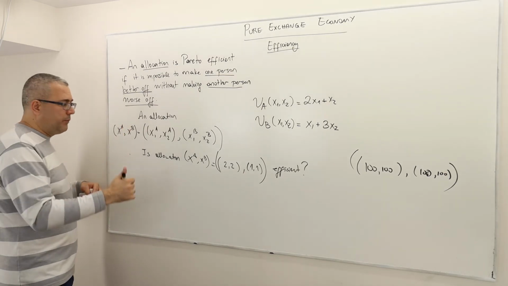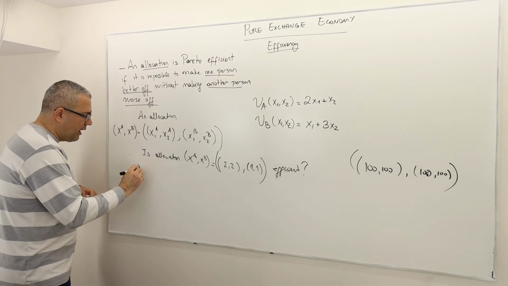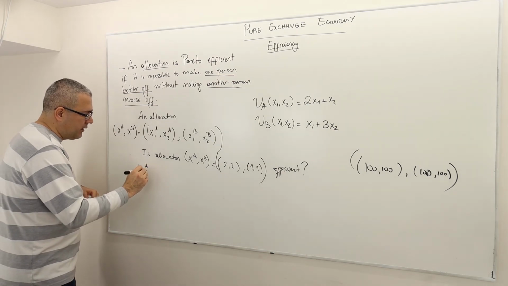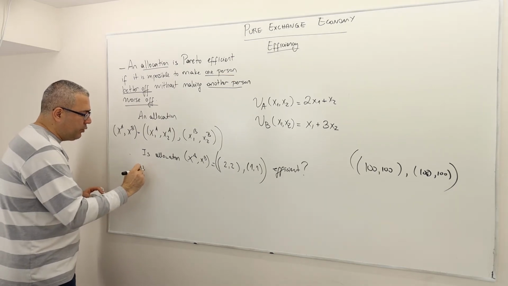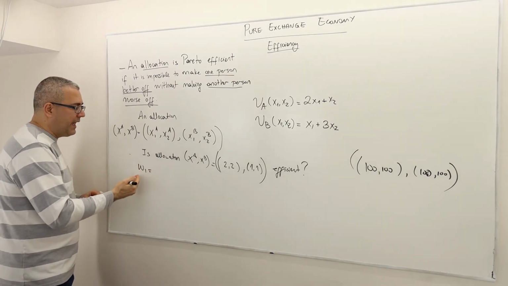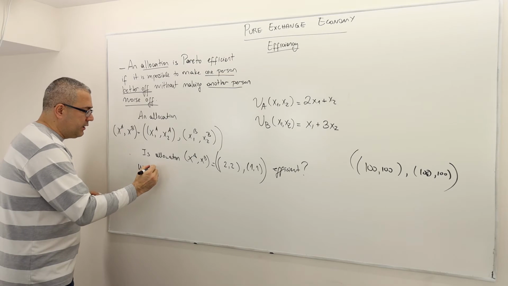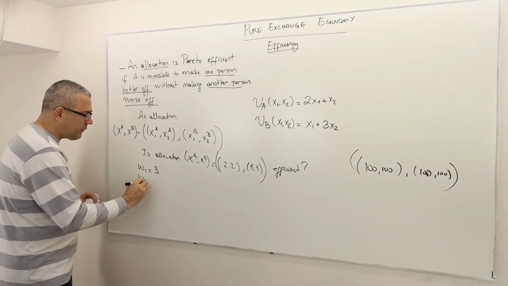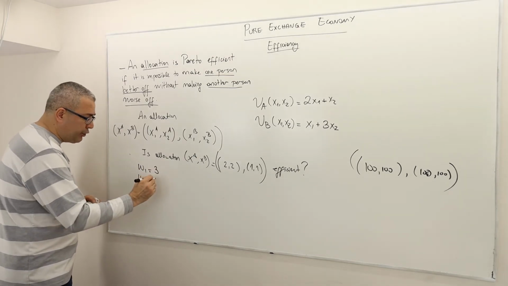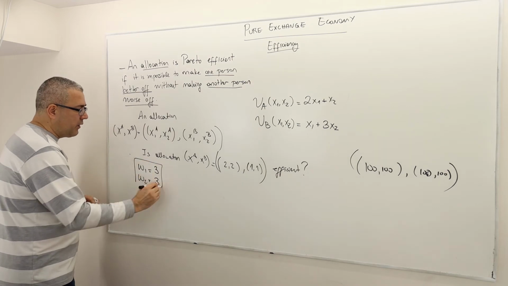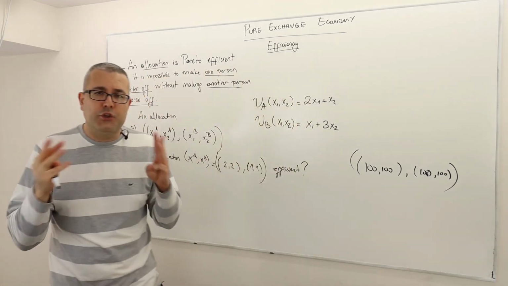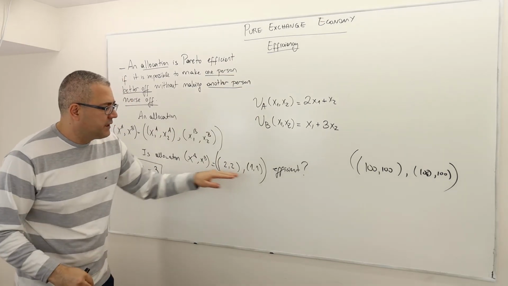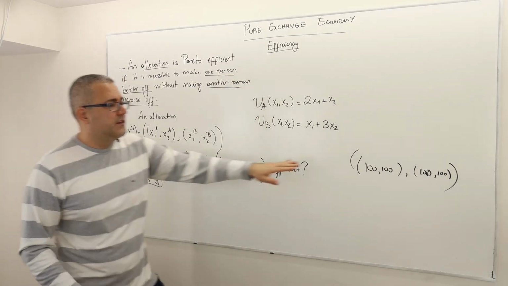So let's suppose W1, the total endowment for good 1, is equal to 3, and total good 2 is 3. So in this economy, there are 3 of good 1 and 3 of good 2. All right. So this is, for example, feasible, and this is infeasible.